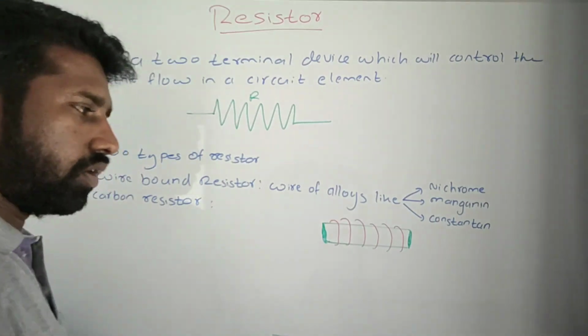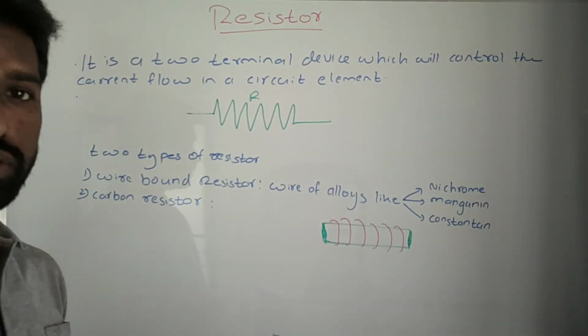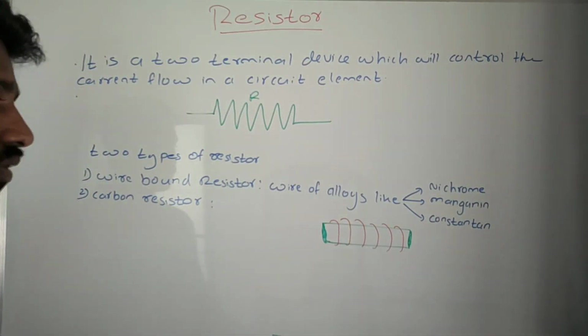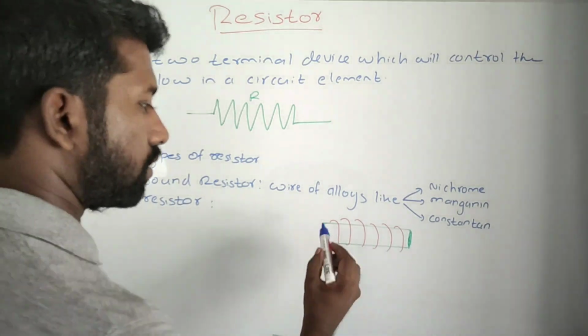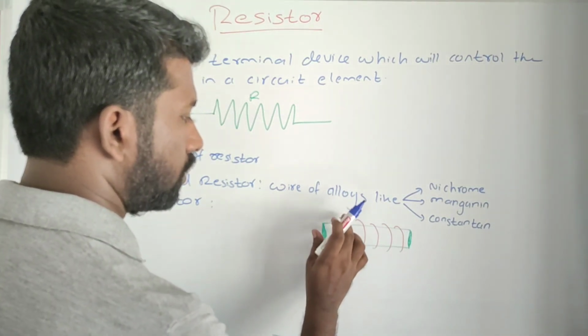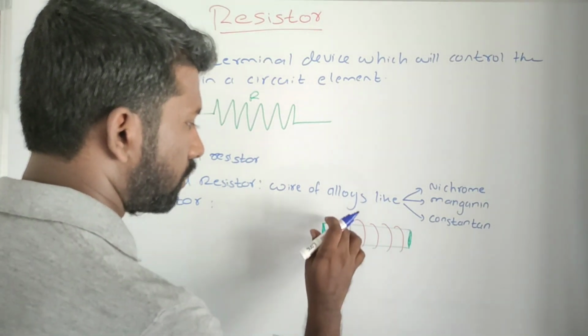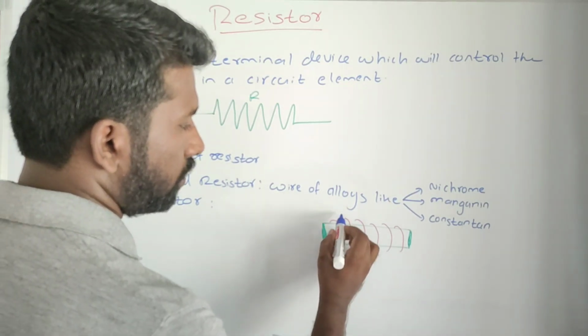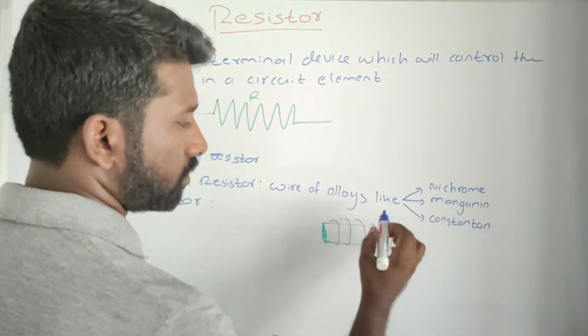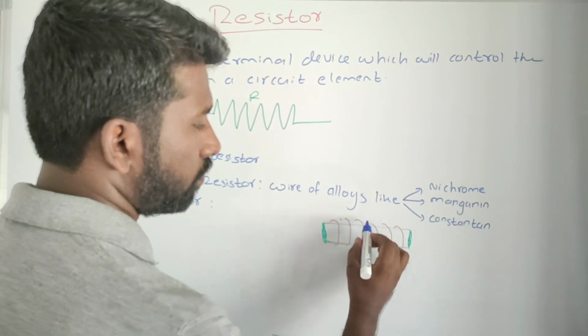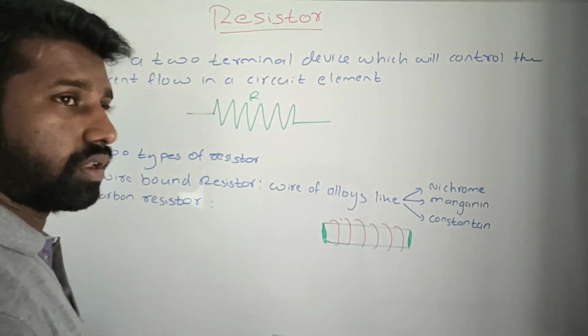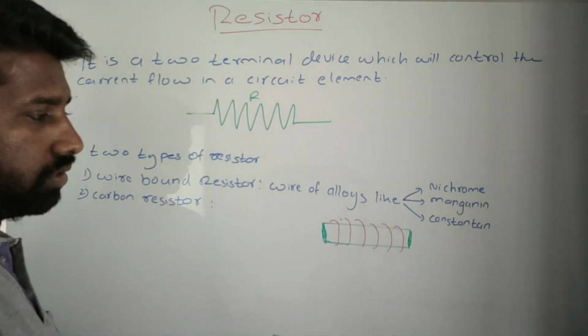The alloy's resistance is larger. So based on the length of the wires, if it is connected here we get some length, and here there will be some more length again like this. So as the length increases, the resistance value increases.